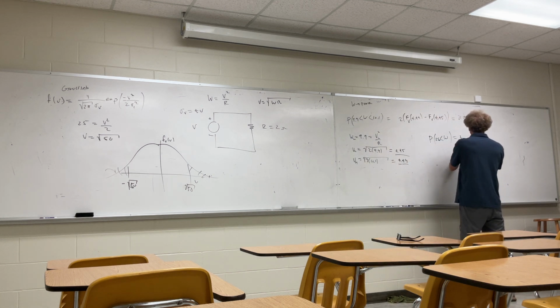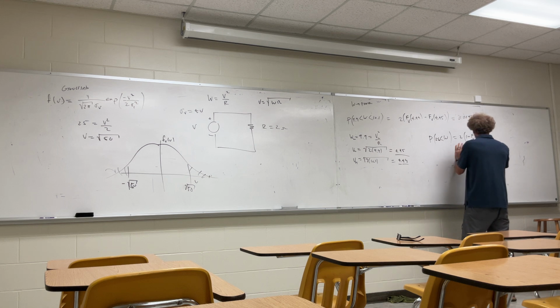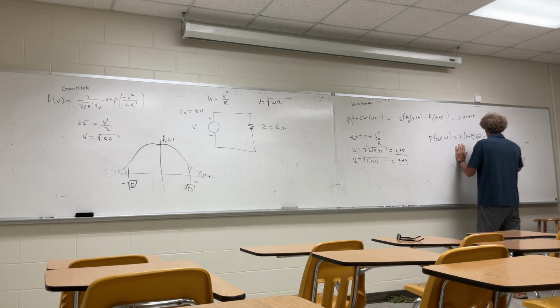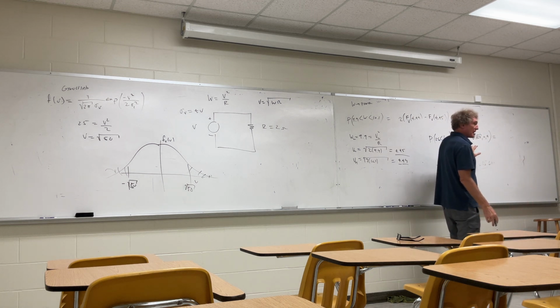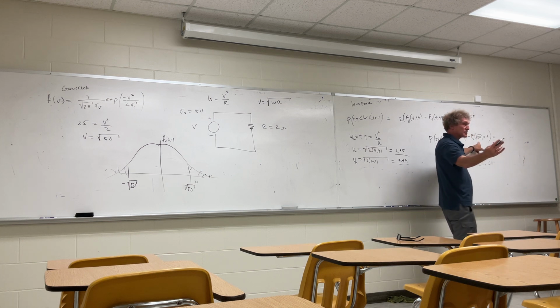It's going to be 2 times, and it's really the probability it's greater than 25, or 2 times, for my way of doing it, 1 minus f, in this case, I'm calling it f of v of square root of 50, comma 0, comma, standard deviation of what is it, a 4, right, a 4, because 1 would be the probability it's between minus infinity and infinity. If I want the probability it's greater than 50, I take that minus this, because this is the cumulative distribution function from minus infinity to square root 50.